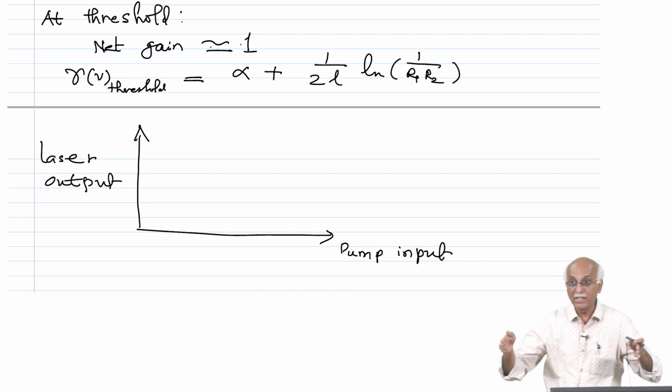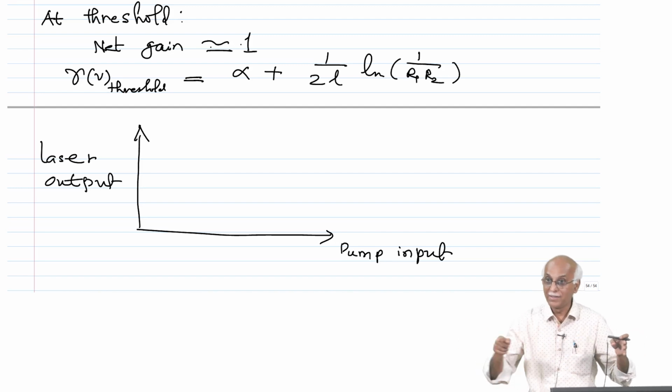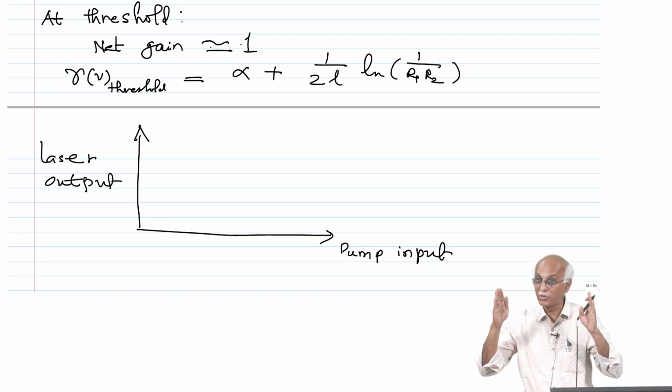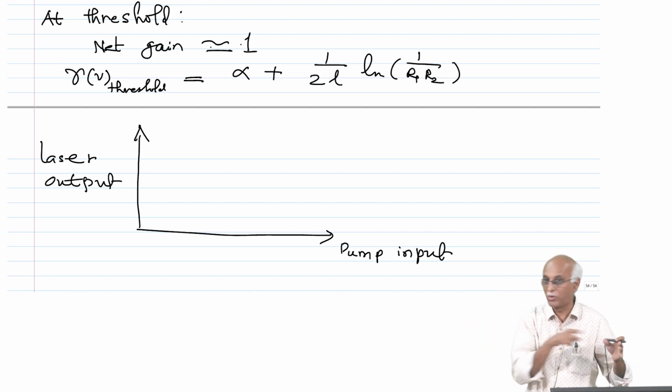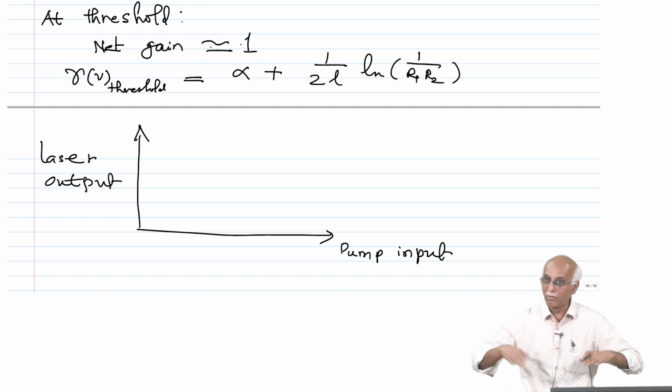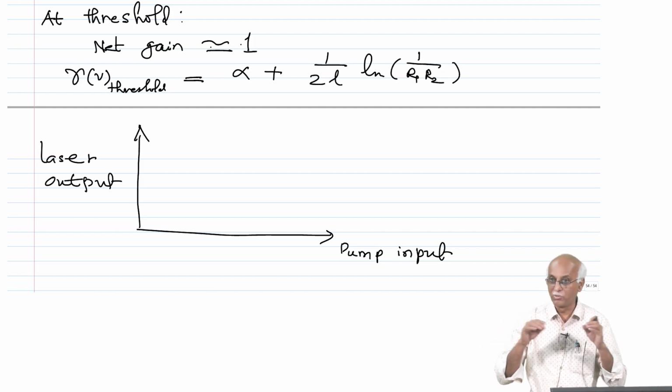Now, the cavity decides which particular modes will oscillate, depending upon the longitudinal modes. Only particular modes which are forming a standing wave will start oscillating, other waves will get suppressed because they will get lost due to losses.